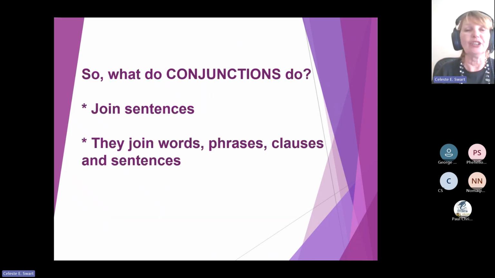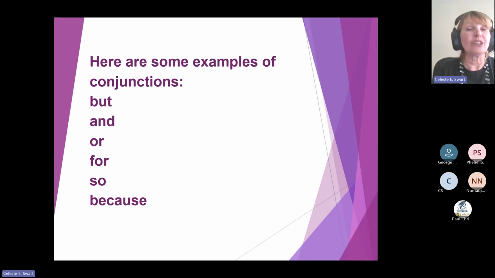So we know that conjunctions join sentences. That's what they do. They join words, they join phrases, clauses. We usually just give you 2 sentences and say, join these 2 sentences with a specific word. So let's have a look here. Here are some examples of conjunctions. But, because, those are the favorite ones.